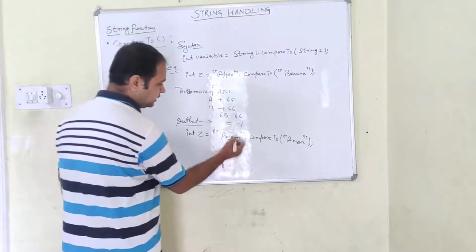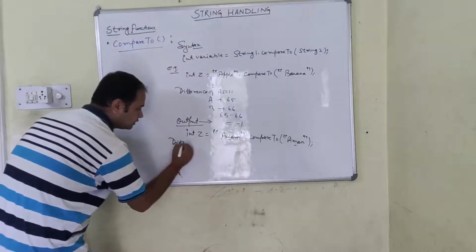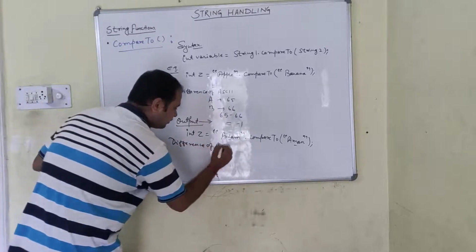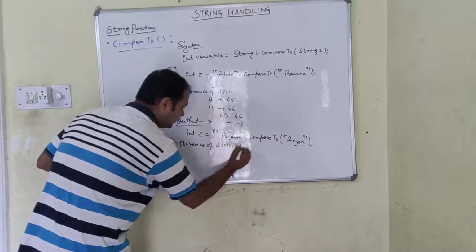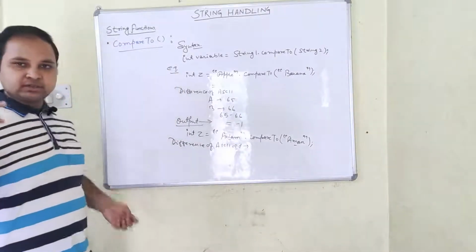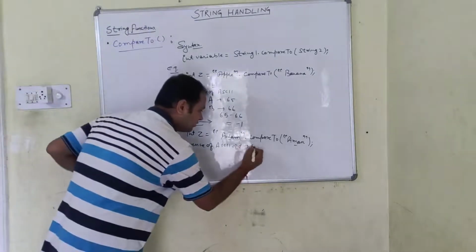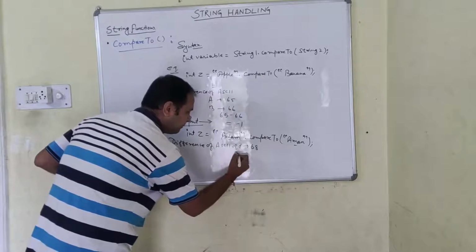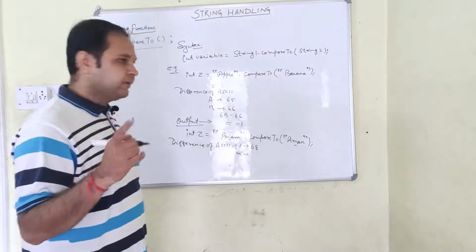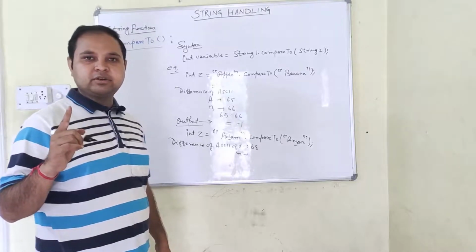It is finding the difference here, D, and here we have M. So what is the ASCII of D? If A is 65, B is 66, C is 67, D is 68.